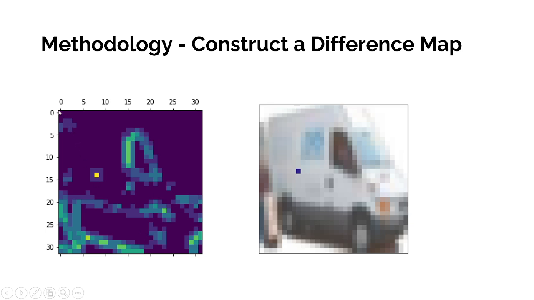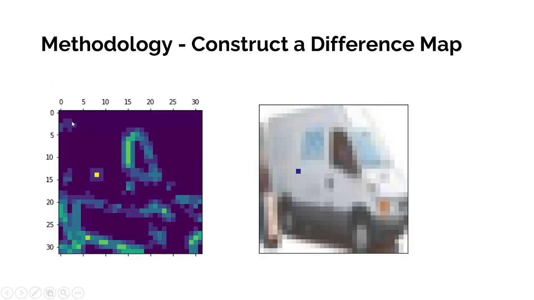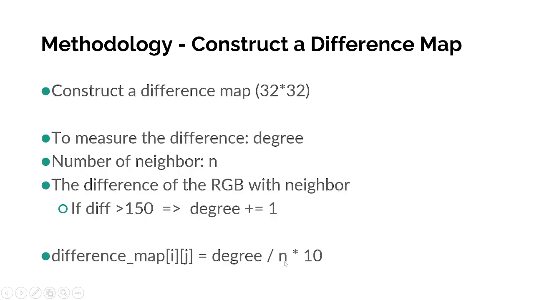So he wants to deal with the pixels on the edges. So he will divide by the n neighbors, and he also wants to keep this degree smaller, so he can make easier color lane. So he will let the n value multiply by 10. So this is the equation proposed by this student.